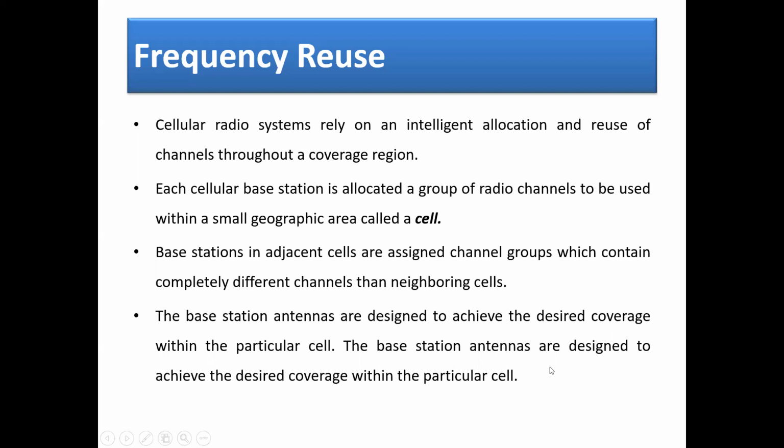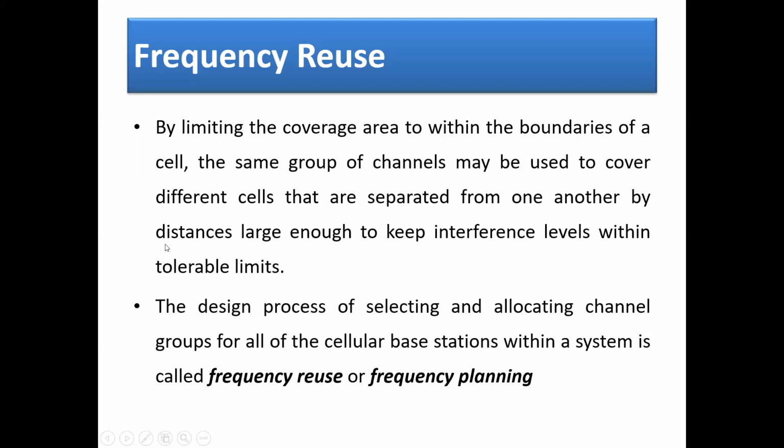Now, by limiting the coverage area to within the boundaries of a cell, the same group of channels may be used to cover different cells that are separated from one another by distance large enough to keep interference, co-channel interference, I mean, levels within tolerable limits.